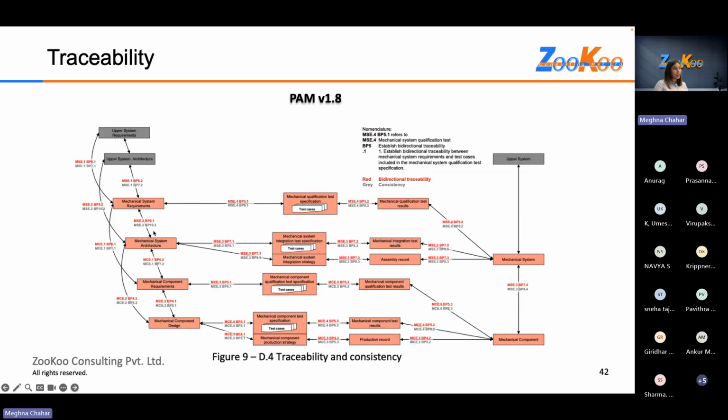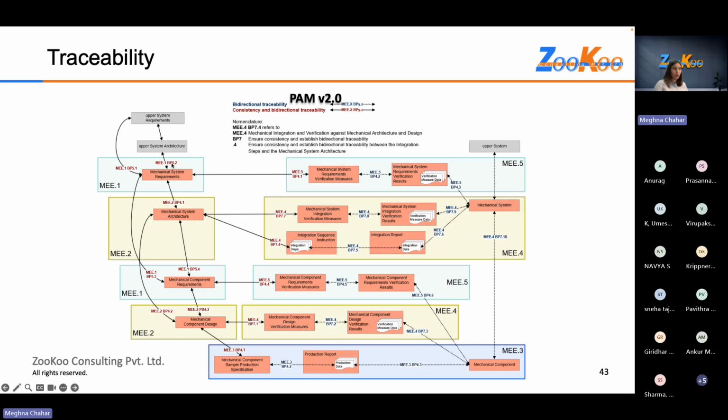Here, each was a different process. But here, what you are seeing is almost similar, but the main difference is that this process and this process are the same because they have been combined. Same thing here, these two processes are the same. This is different, still different. These two again the same, and these two as well.